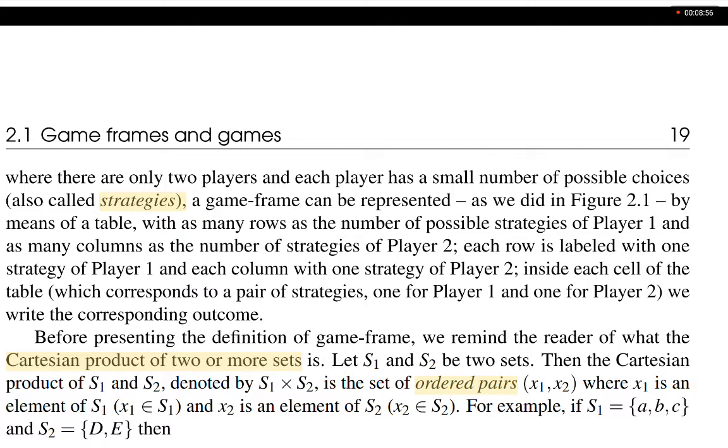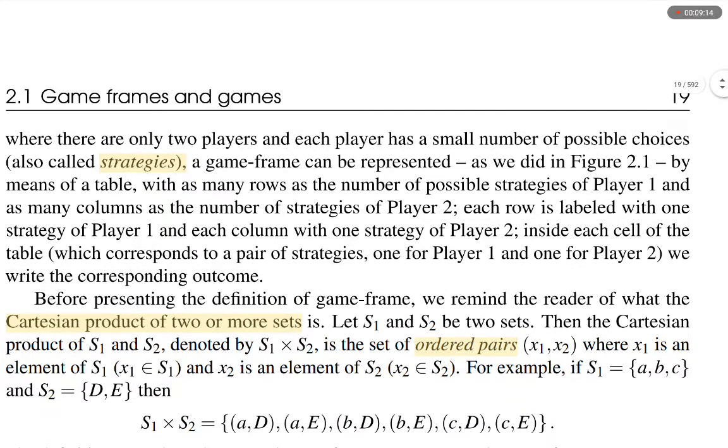Each row is labeled with one strategy of player 1, and each column with one strategy of player 2.